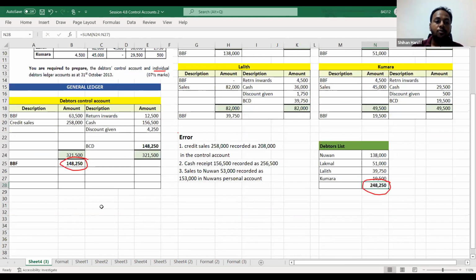Okay. Now what you have to do is prepare a debtors reconciliation statement. So I'll draw the format of the reconciliation statement. It's a very simple format.